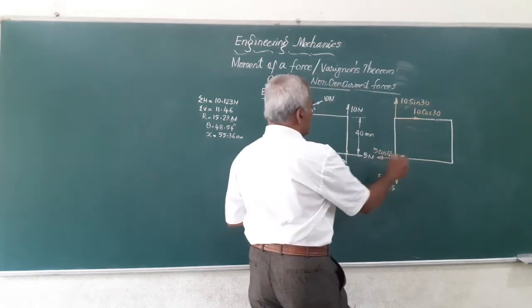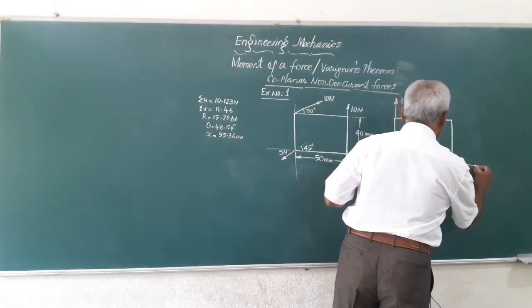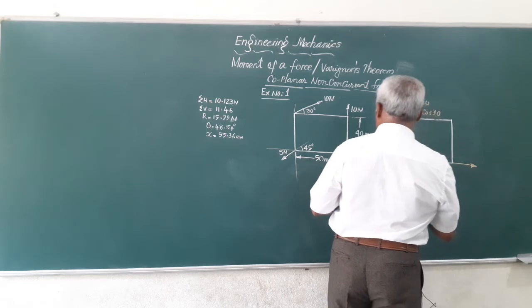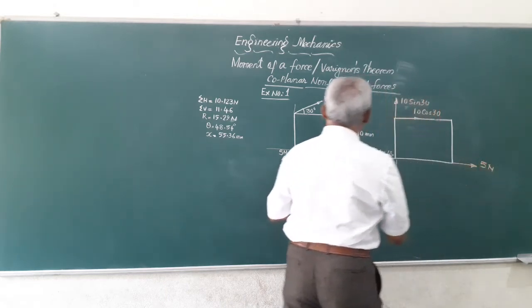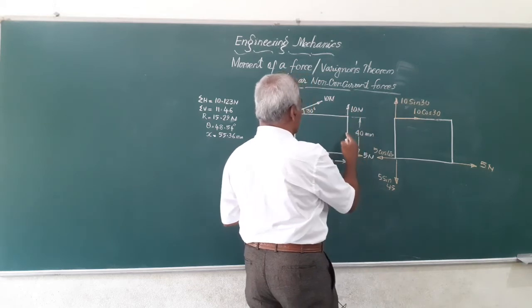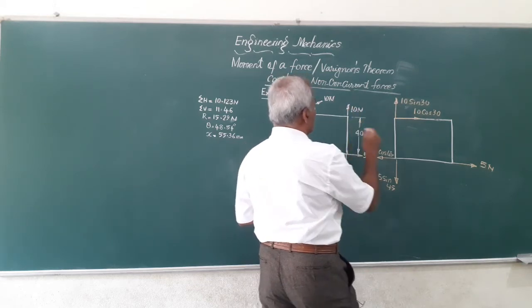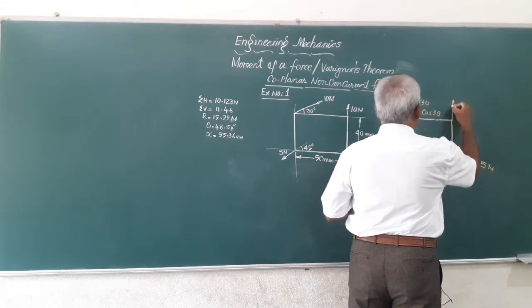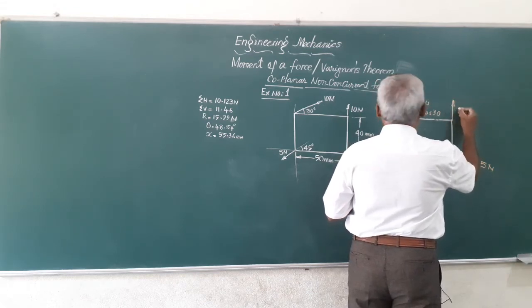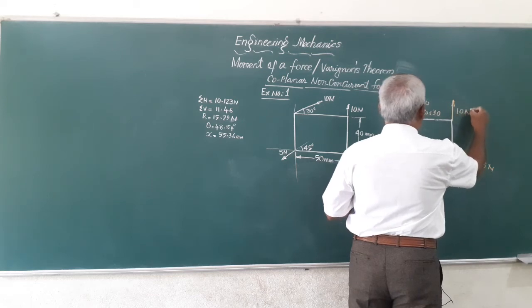Next we have this 5 Newton acting to the right along the x axis, and also one more 10 Newton force acting along this edge vertically upwards. I will show that also as a force in the upward direction. Its magnitude is 10 Newton.